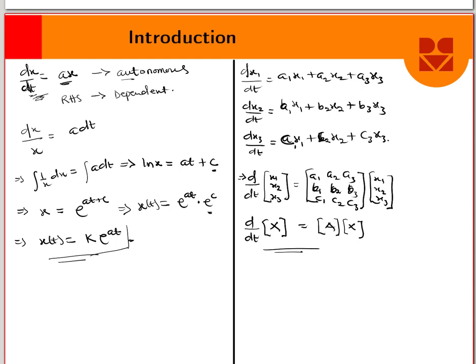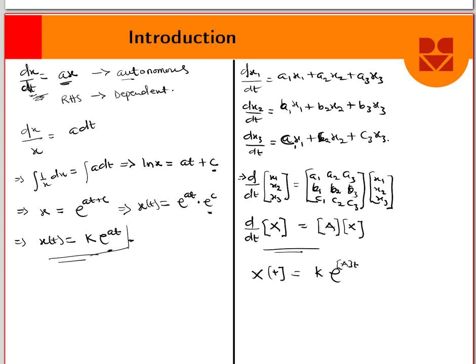Referencing from here, we could say that our solution would look a bit more like x of t given as a certain constant k e to the power of the matrix A t. But it is absurd to write a matrix as an exponent.